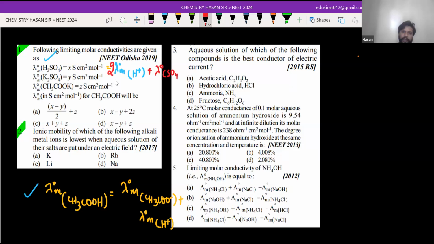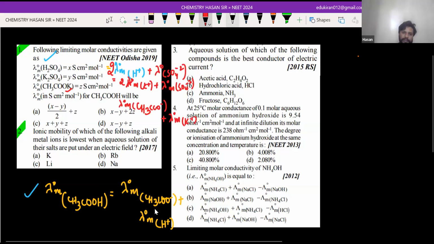In the same way, the next is 2 into lambda naught m for K plus plus lambda naught m of SO4 minus 2. In the same way, you dissociate this: lambda naught m for CH3COO negative plus lambda naught m for K plus.